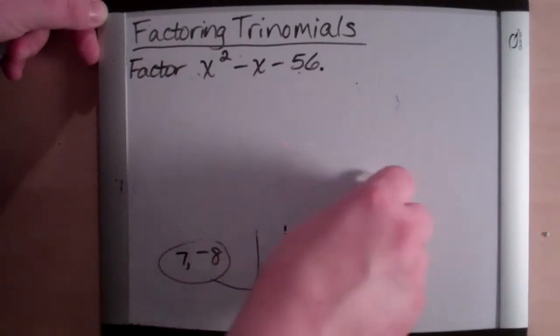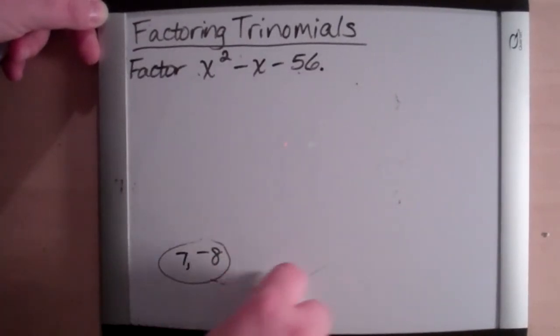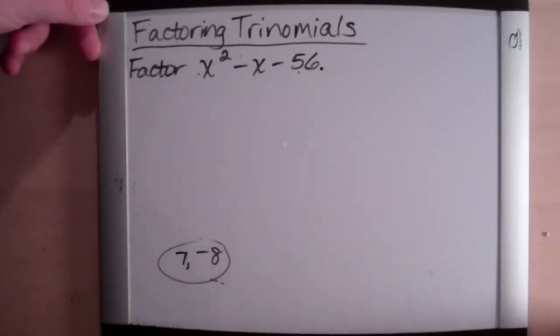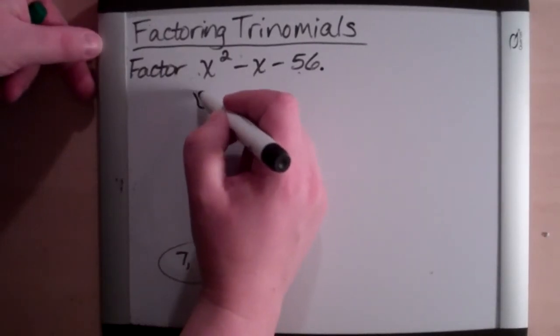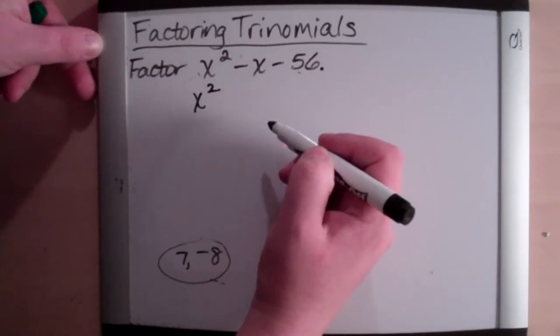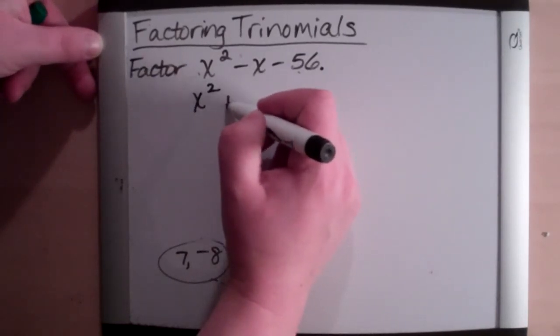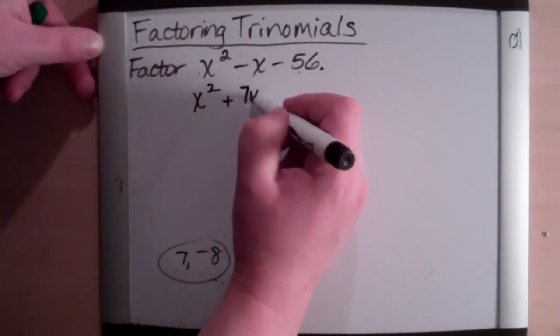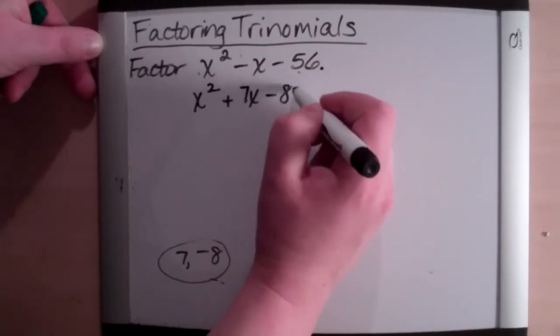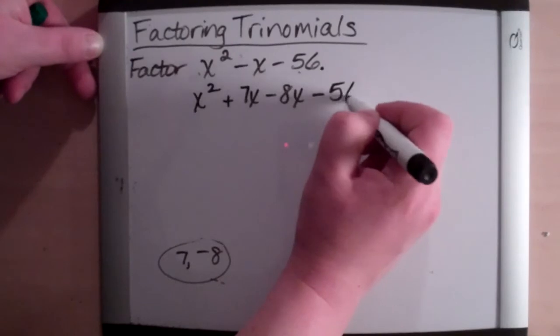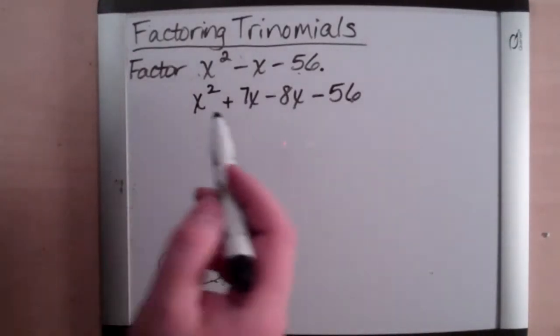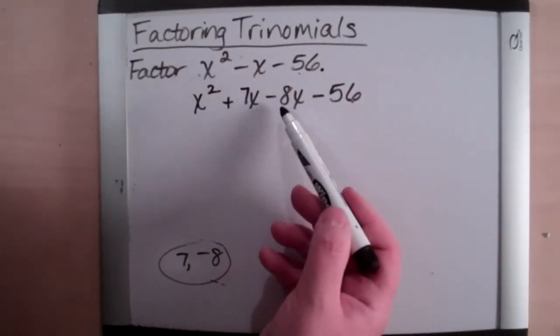I'll leave the circled 7 and negative 8 down there for a little bit so that we don't lose track of them. So the x squared stays the same. The middle, though, I'm going to have plus 7x, I'm going to have minus 8x, and then the negative 56 stays there. So what I've done is the reverse of foiling.